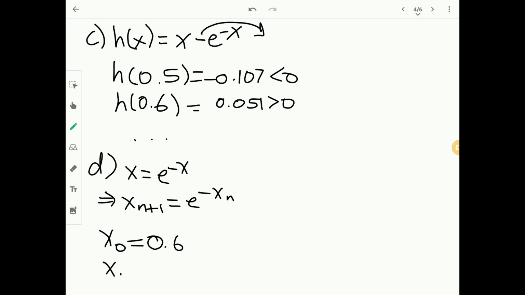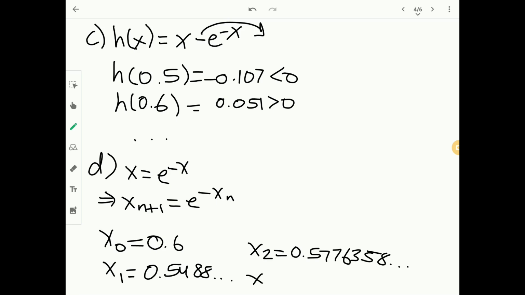We just keep approximating. We get 0.5488 dot dot dot. And for x2 we get 0.5776358 dot dot dot. And x3 we get 0.5612236194. This is all the numbers that are showing in my calculator.